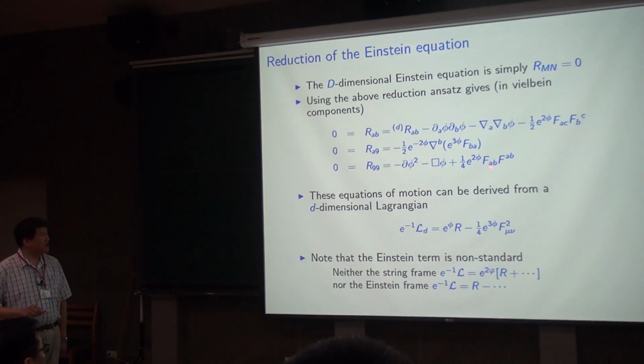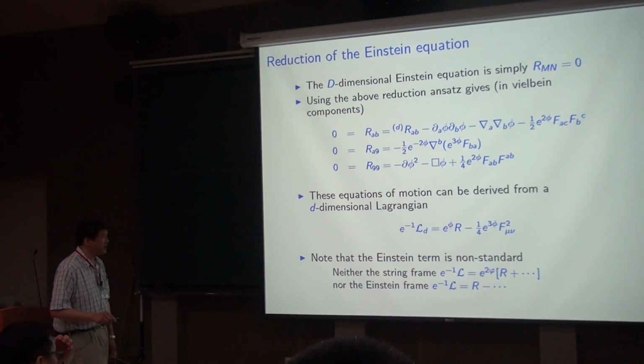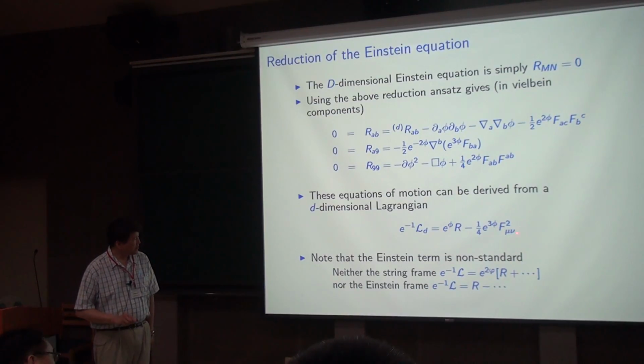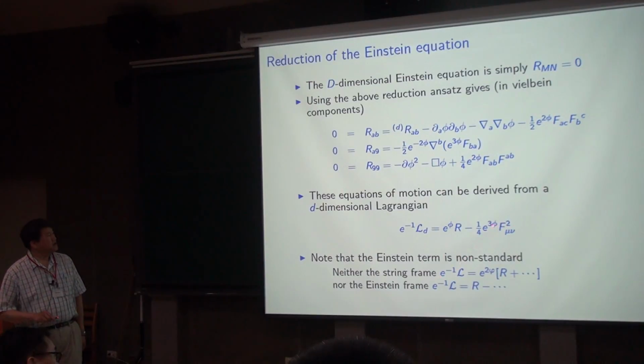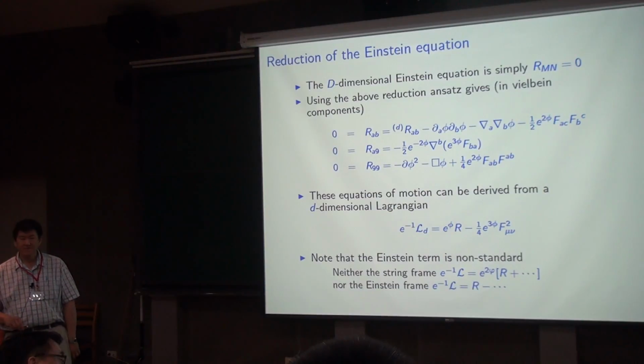This Maxwell equation can be obtained from a Lagrangian, which is basically 1/4 of F mu nu squared, except that we have to keep this e to the 3 phi factor as well. So if you think about deriving an equation of motion from this Lagrangian, just focus on the second term over here. This Maxwell term has this equation of motion.